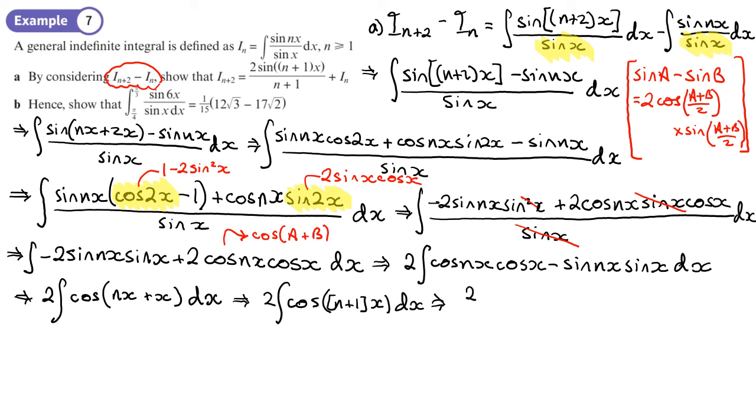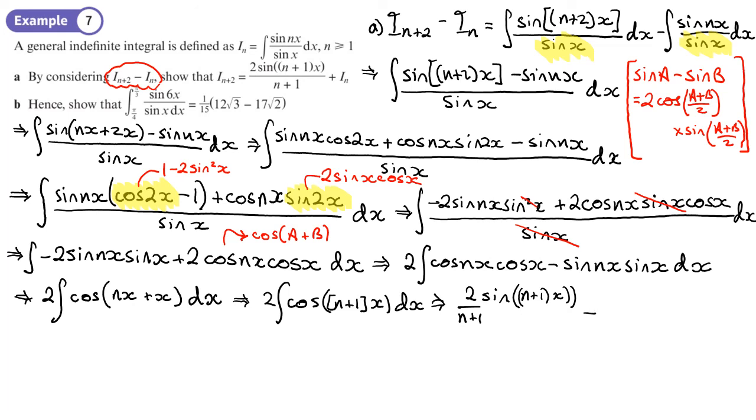So we're going to integrate the outside, so that means cos becomes sine. The inside of the bracket doesn't change, so we'll keep it as (n plus 1) times x, and we divide by the inside differentiated, so the derivative of the inside is going to be n plus 1.